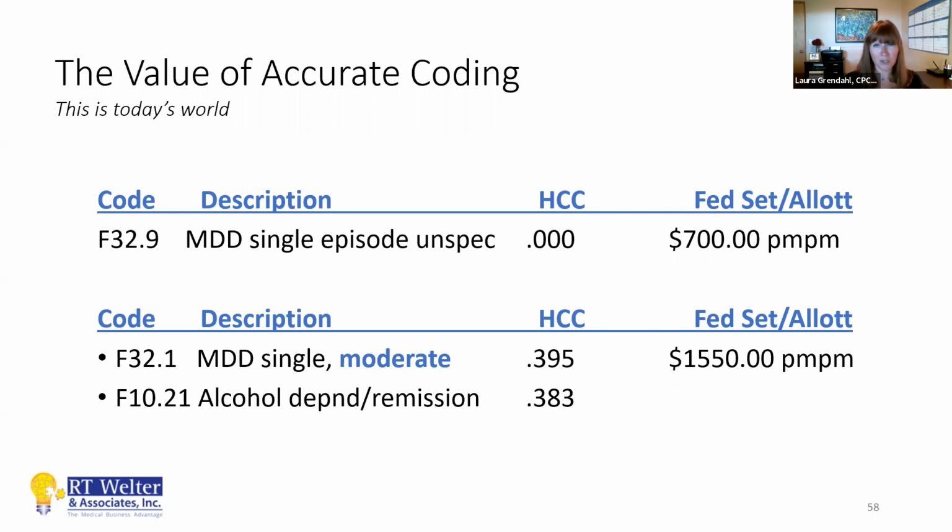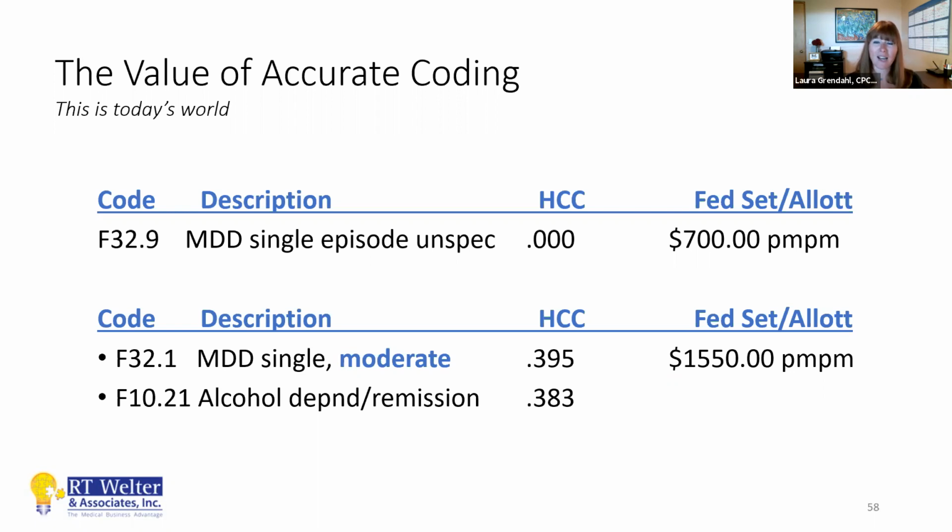So we're going to go to an unspecified code because we can only code to the greatest specificity that we as coders know. So we use this unspecified code. It's got a $0 risk adjustment or a 0 HCC. So it's not going to add anything in the grand scheme of things. It's about $700 per year, right?